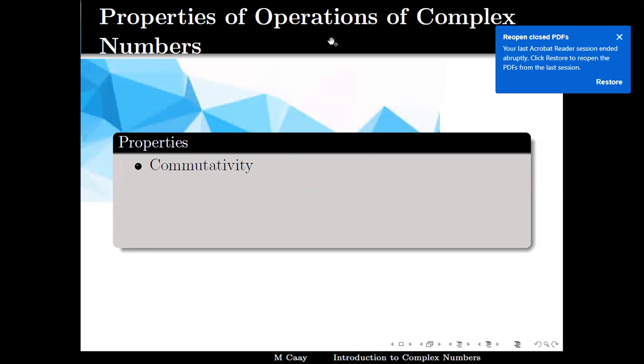When we say commutativity, say for example you have complex numbers z1 and z2. We say it's commutative if z1 plus z2 is just equal to z2 plus z1.